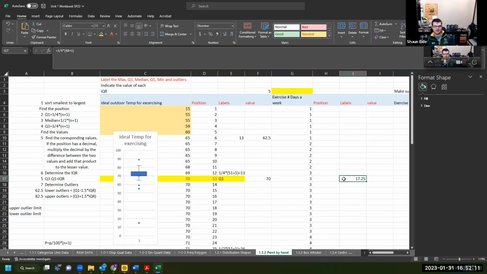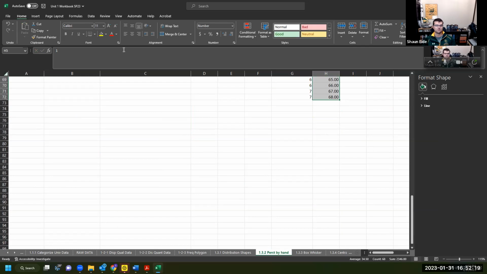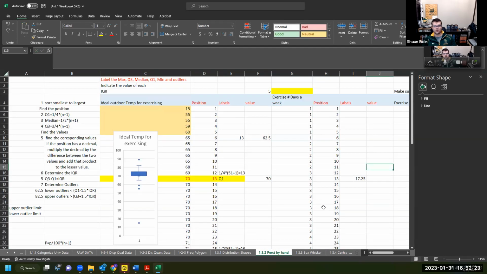Well, I'm kind of glad I did this. The reason why, let's do this. 1, 2, 3, 4, 5. And we're going to go to 17.25, which is right in between here. Now, we do not have a 17.25th value. What we have is a 17th value and an 18th value.